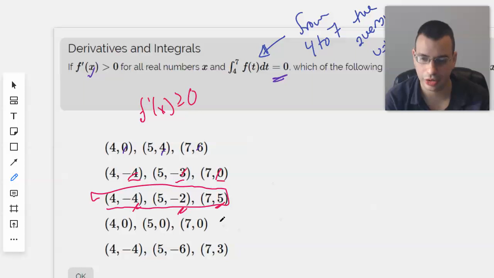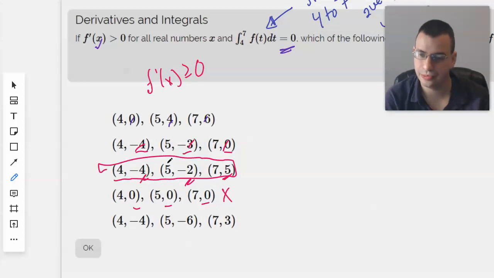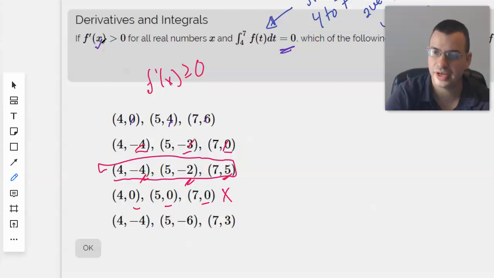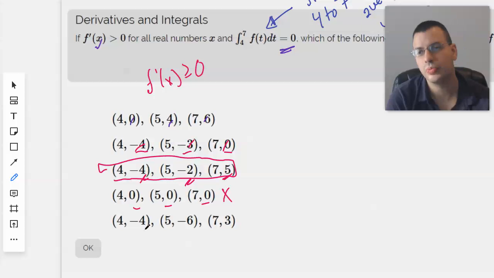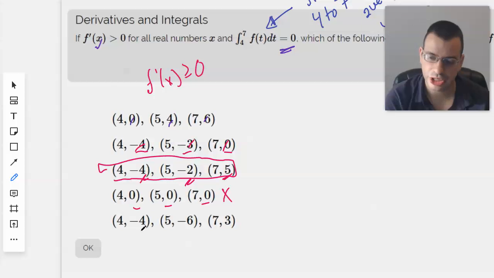So this one won't work because it has to be greater than, not greater than or equal to. And this one won't work because f prime of x is not increasing for all real numbers. So we see here that it goes up and then goes down to -6, then back up again. So this one doesn't work.